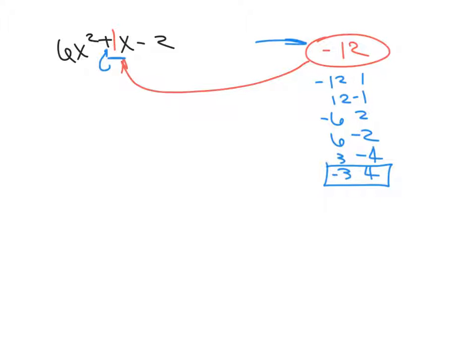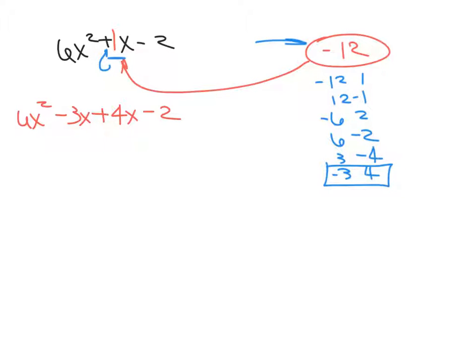And what we're going to do is rewrite the equation, but instead of using a 1x, we're going to use these two numbers. So watch what happens here. I usually try to put the negative number first if I can. It doesn't really matter, but it makes life easier.